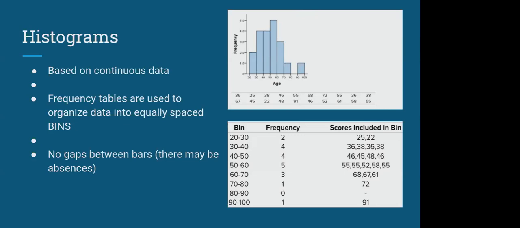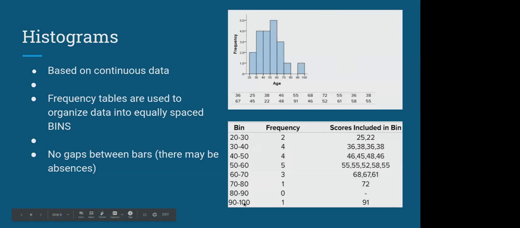But you must remember that in this bin between 20 and 30, you are only counting the numbers from 20 to 29. The high end gets counted in the next group. So this group, you count 30 to 39. In this group, you would count 40 to 49, and so on until you get down here.